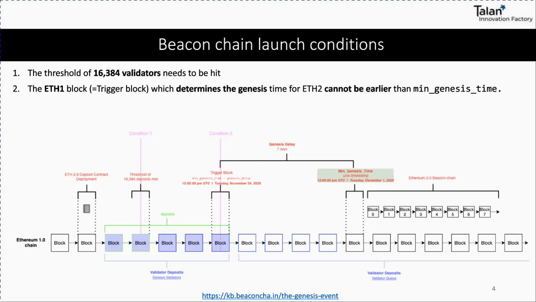Okay, so to continue with this part, now we have more than this target number of validators, and we have reached the exact block that we expect. So here, what's going to happen is that the Beacon chain is going to start. The validators will start creating blocks.